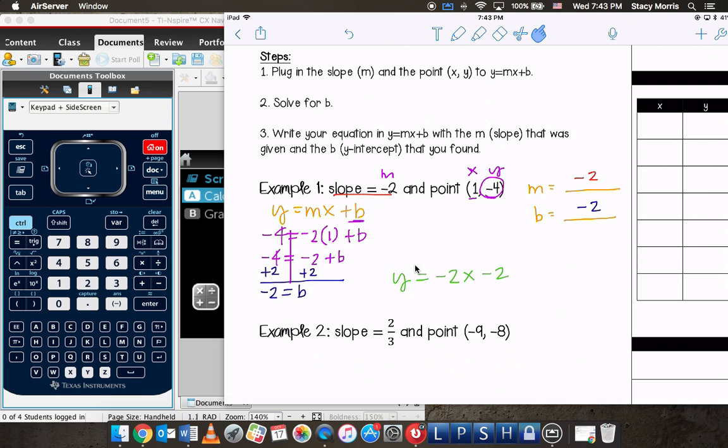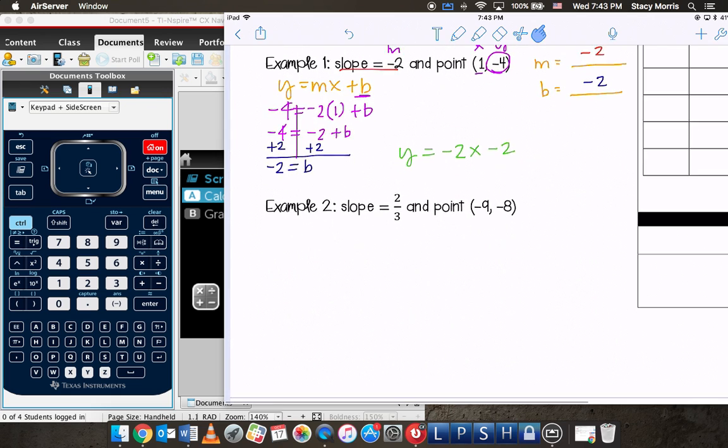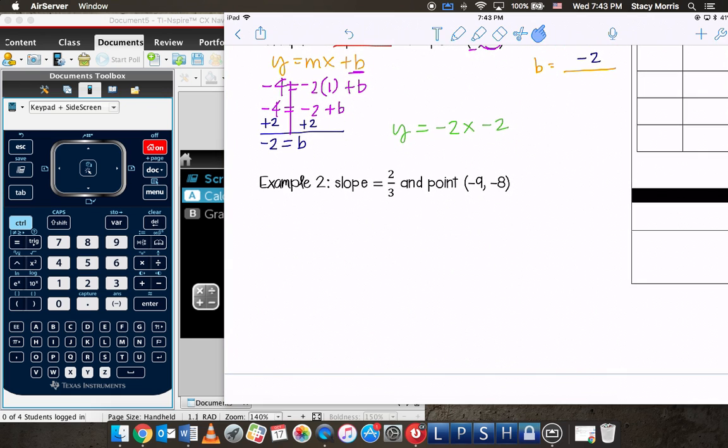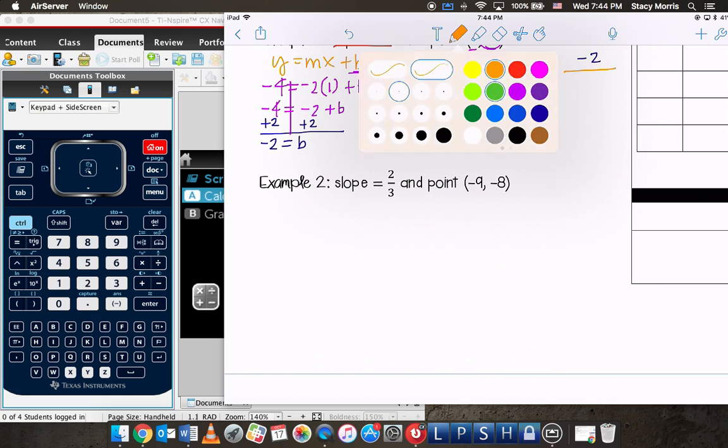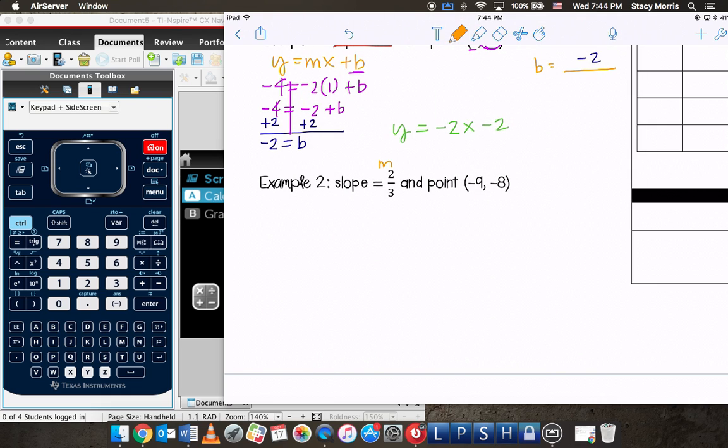All right, so we're going to do that again with example 2. This time we're again writing in y equals mx plus b. I was given my m, and this point represents x and y. So m, I already know, is 2/3. What I need to find is b.